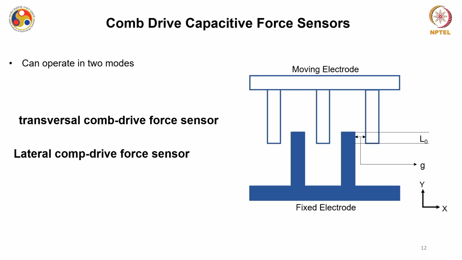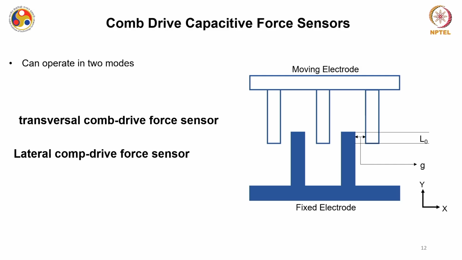The total capacitance can be given by C single multiplied by N, where C single was epsilon naught L naught into T by G. So if you multiply this term with N, the number of pairs, you will get the total capacitance. So this is the fundamental behind comb drive capacitive force sensors.